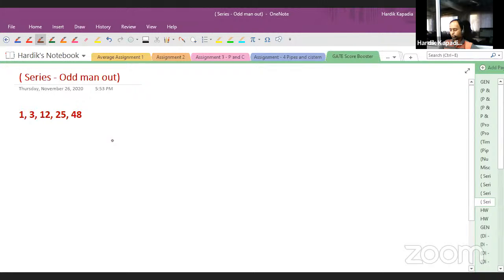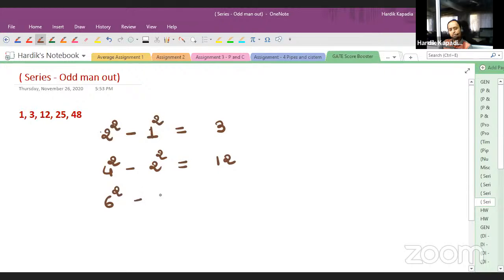25, very good. How 25? So it's like 3 is 2 square minus 1 square, which is 4 minus 1, 3. 4 square minus 2 square is 12. 6 square minus 3 square, 36 minus 9, is 27.